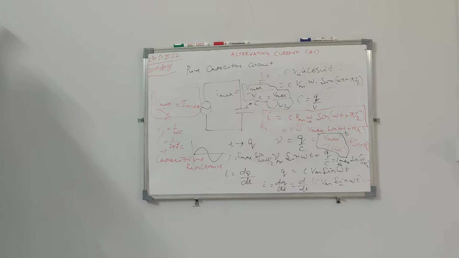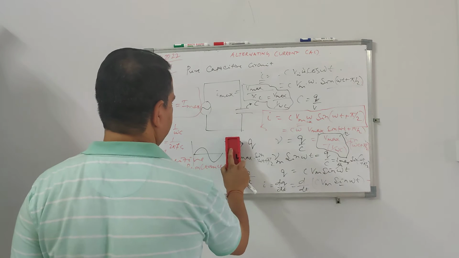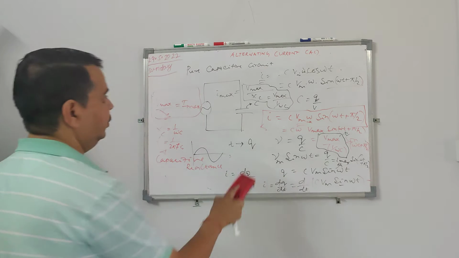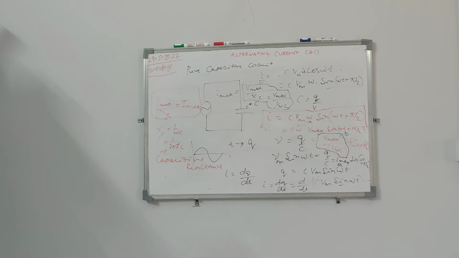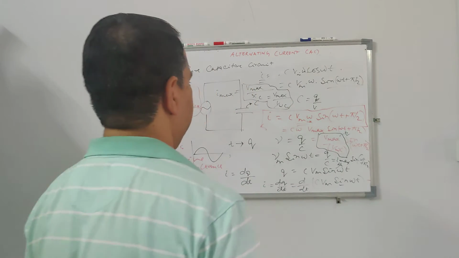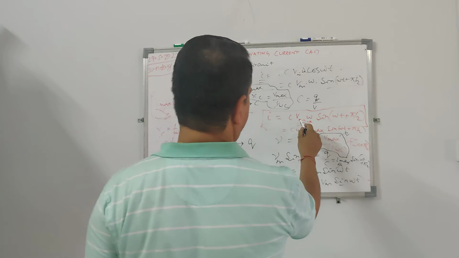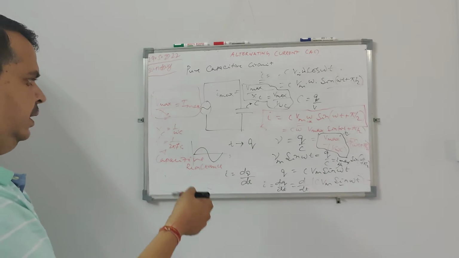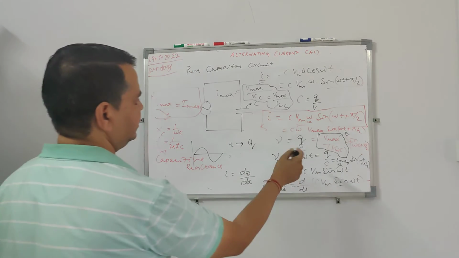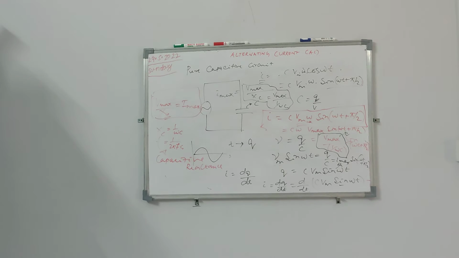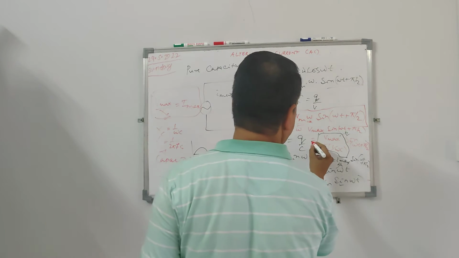Because in the inductive circuit we wrote I is equal to Vmax by omega L into sin(omega t minus pi by 2). So here I is equal to Vmax by XC, that is the general equation. Vmax by XC is nothing but the maximum current, but to write it in terms of reactance and voltage, we should write it like that.